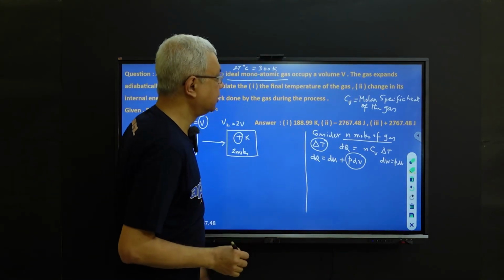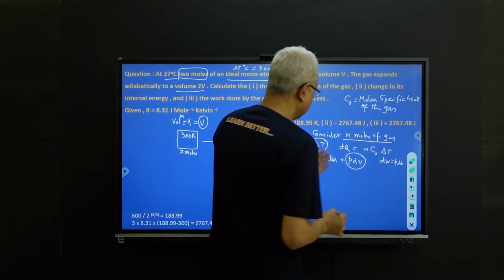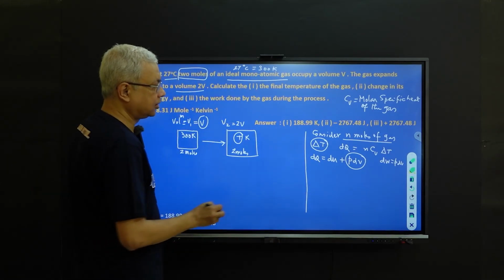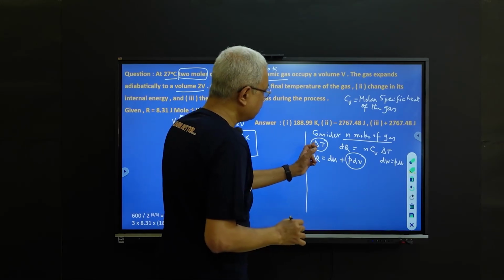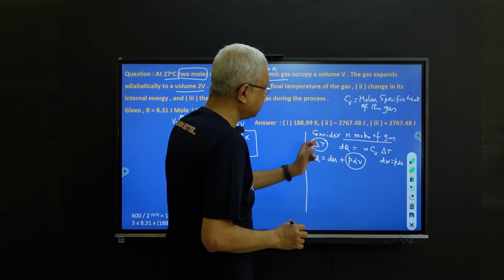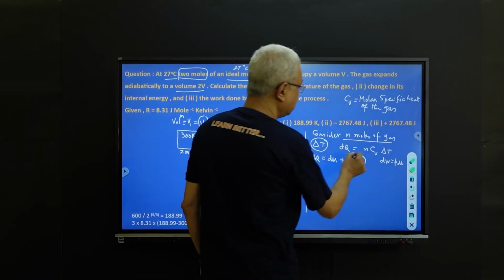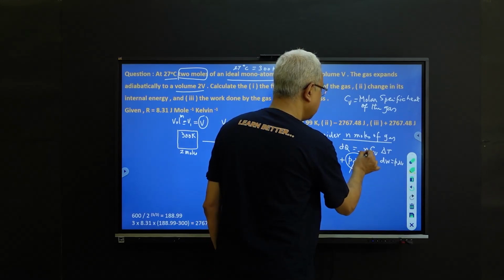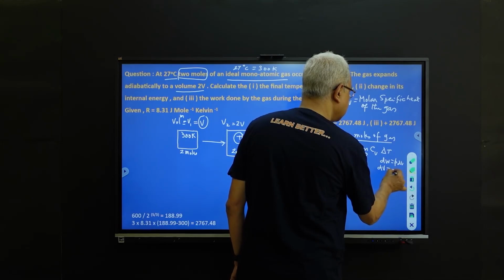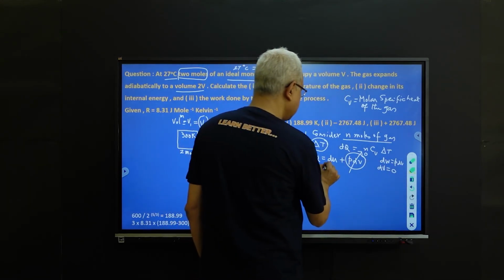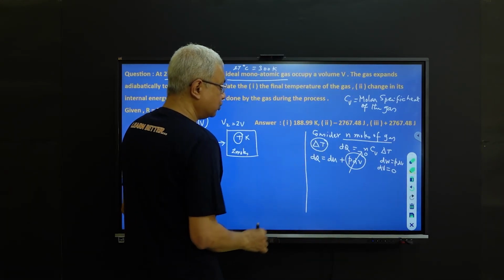But since the temperature of the gas is increased keeping the volume constant, there is no external work done by the gas, since dv, the change in volume, is 0. Therefore dq is equal to du.